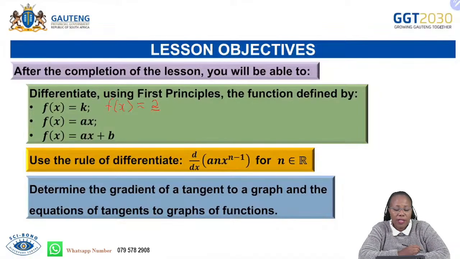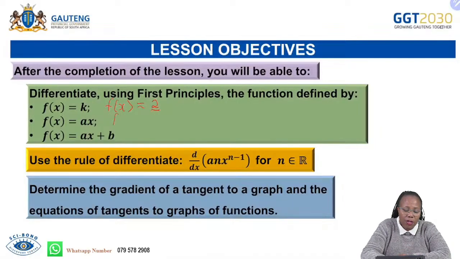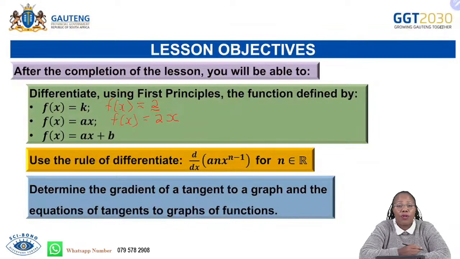And then now the second function is f(x) equal to ax. What do we mean by that? We mean, for an example, if we are given f(x) equal to 2x. It's a constant plus an x now. That is the equation we are referring to with ax. That means this a can be any value.